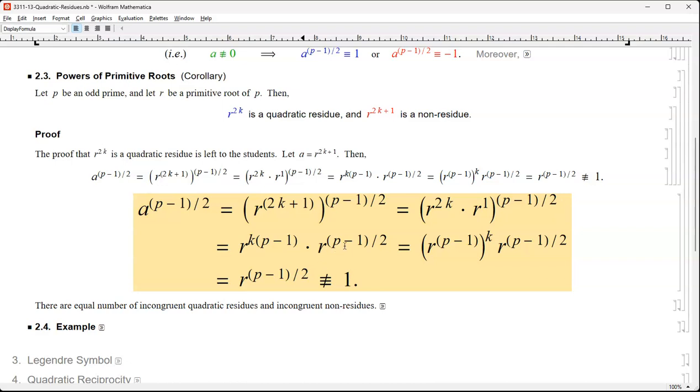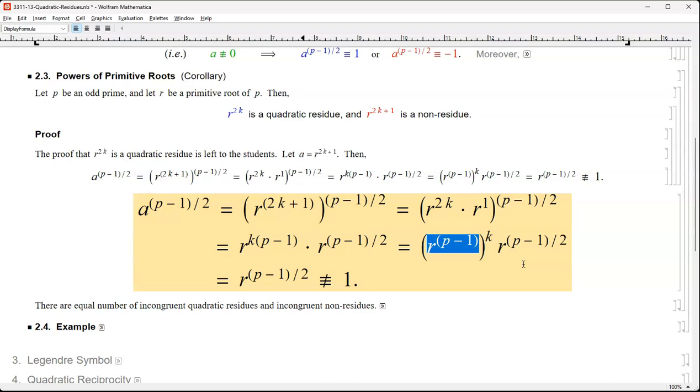And then we have r to the (p minus 1) over 2 power. Alright, and this one here, r to the (p minus 1) to the k power, is just another exponent rule. Multiplication is commutative, so you can change the order. And then this one, r to the (p minus 1) over 2 power. Now this one here, that's 1.